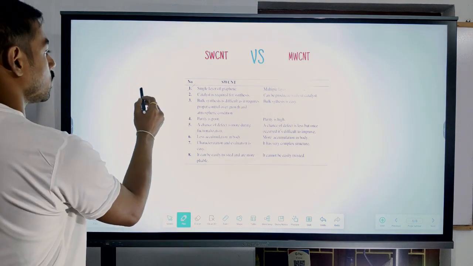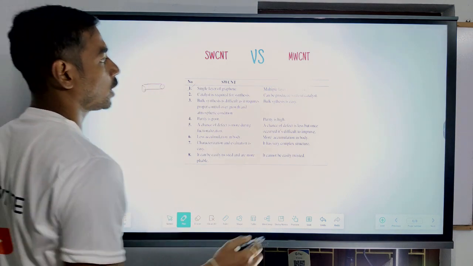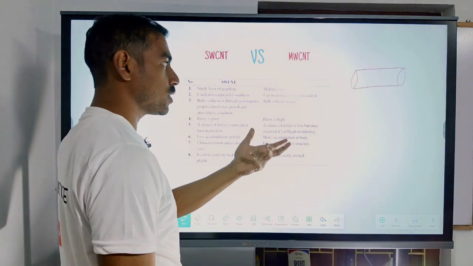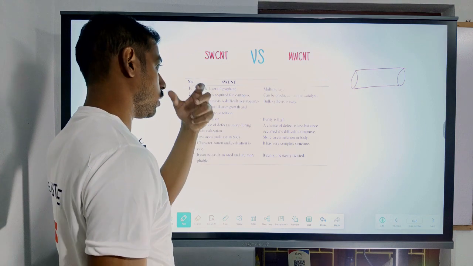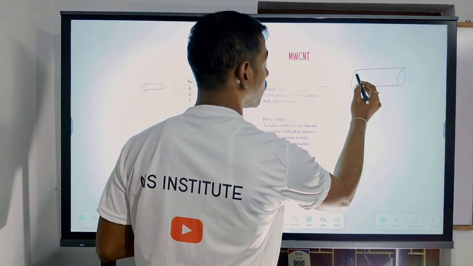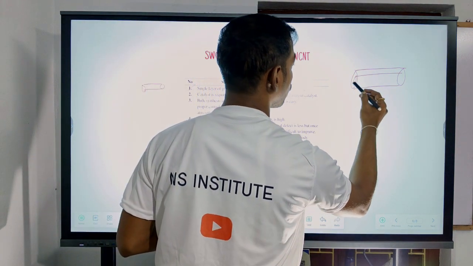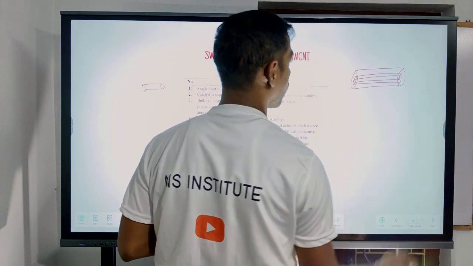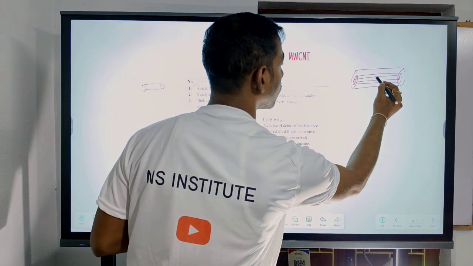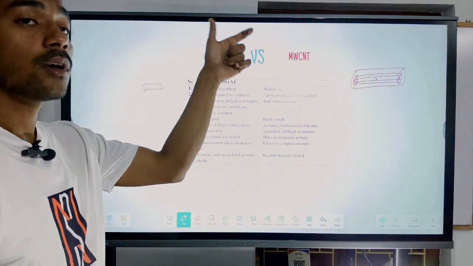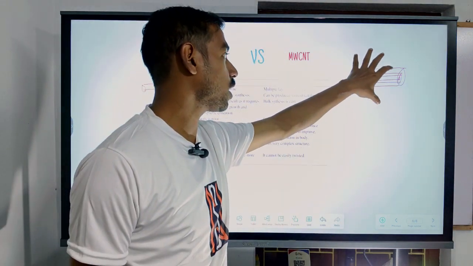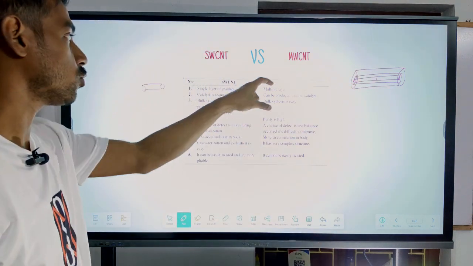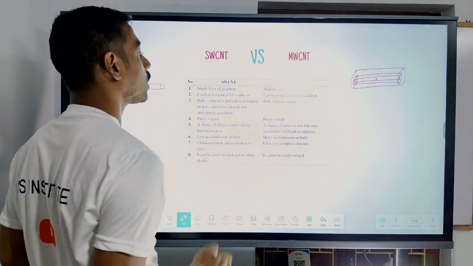Single layer graphene sheet means like this one only, and multiple layer means first you have one bigger diameter tube, then inside that there will be a smaller diameter tube, and inside that again a smaller one, but all of these tubes should be placed concentrically. Therefore, it is named multi-walled carbon nanotube.